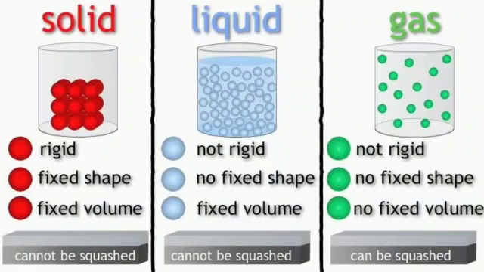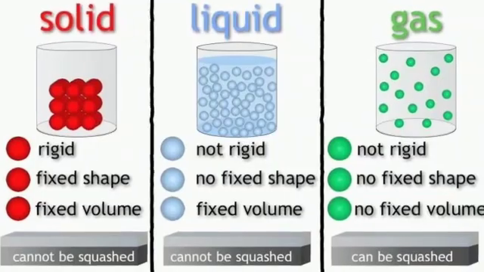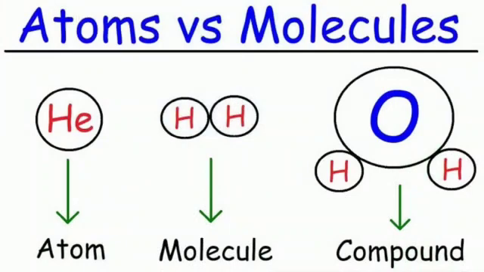We also studied elements and compounds. We know that matter is made up of tiny particles called atoms, which attract or pull each other with a force, and atoms combine together to form molecules. Students, you can see in this picture that He is a helium atom, whereas H is a hydrogen atom.